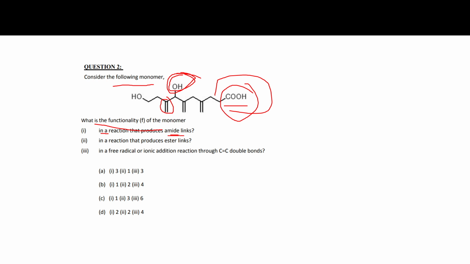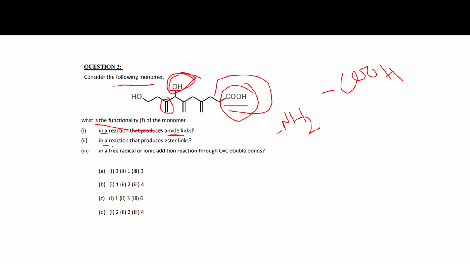To make an amide bond, two groups are involved: one is the amine group and the other is the acid group. Without acid and amine, there is no possibility to make this amide bond. Amide will be formed only when there is acid and amine. Here no amine is present, only acid, and the number of acid groups is only 1. So the functionality to make the amide bond should be 1.